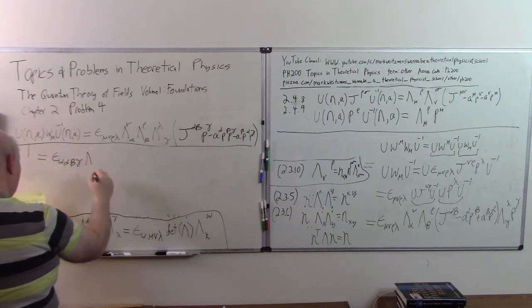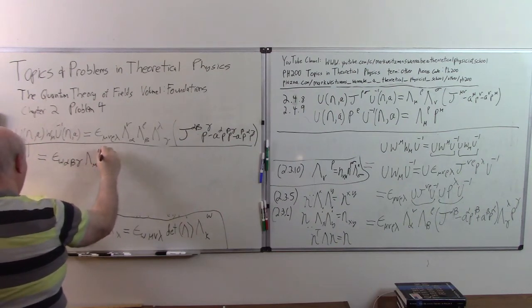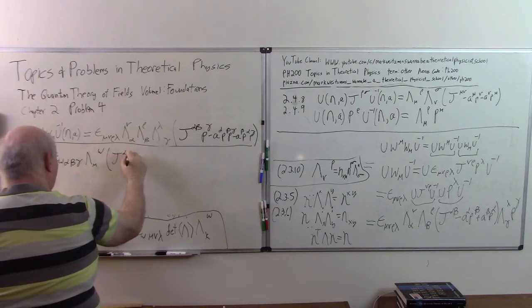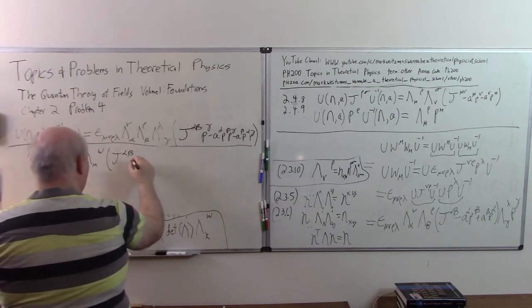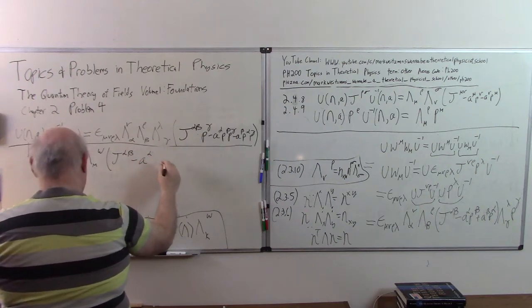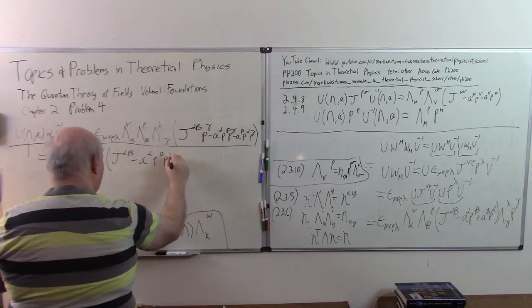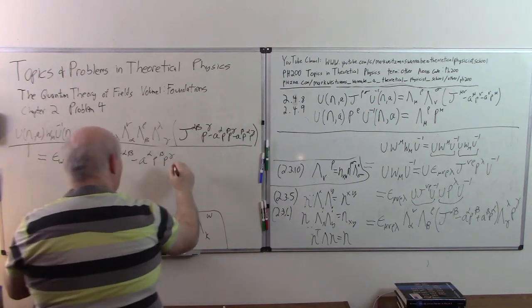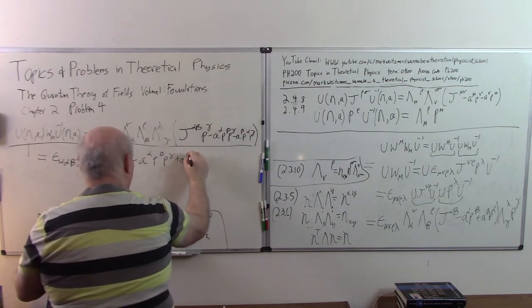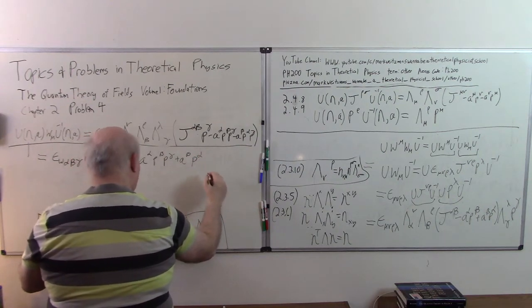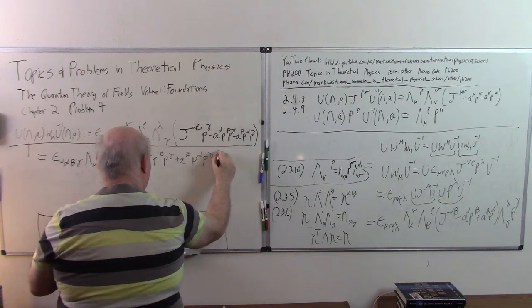Lambda, mu, omega. I get J alpha beta minus A alpha, P beta, P gamma, plus A beta, P alpha, P gamma.